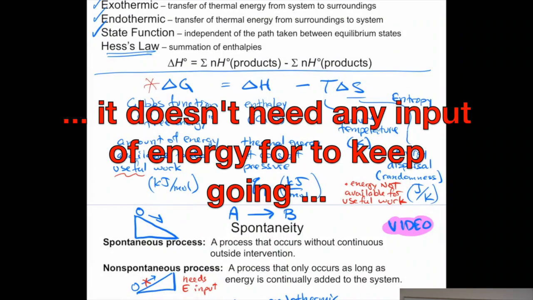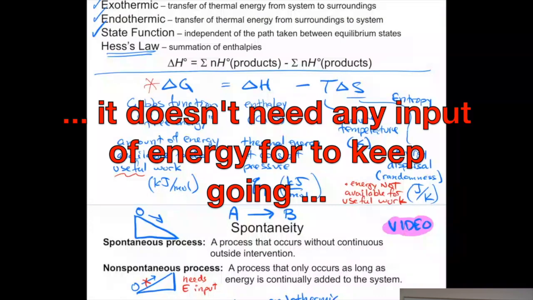Once it starts, it doesn't need an input of energy for it to keep going. It will happen on its own. Now, as we'll learn later on, sometimes you need to give it a little kick. But once it's going, it keeps on going to completion in this case. This solid arrow going from left to right means that A will completely turn into B. And it's spontaneous, but it's completely independent of how fast.